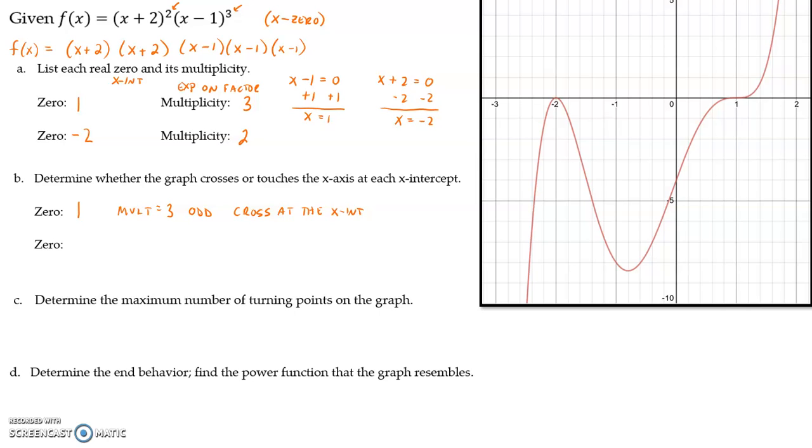Our other x-intercept, or zero, was a negative 2. And the negative 2 had a multiplicity of 2, which is an even number. And anytime you have an even multiplicity, then your graph is going to touch the x-axis at that x-intercept.